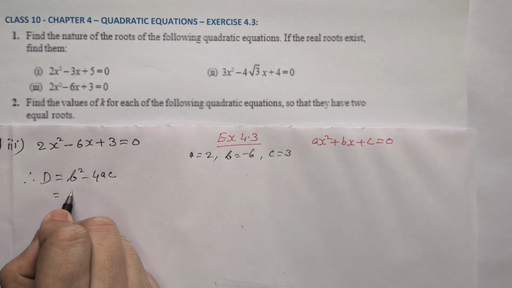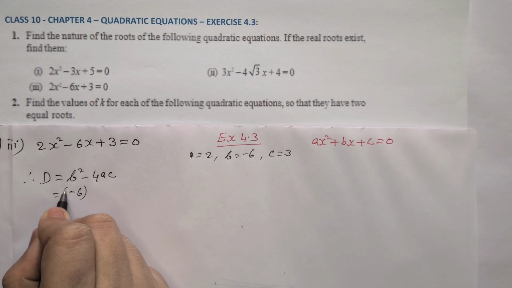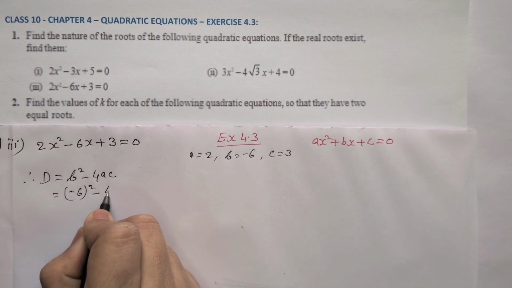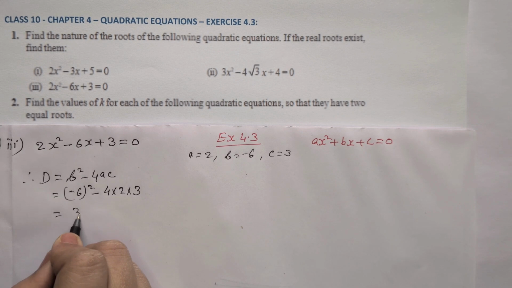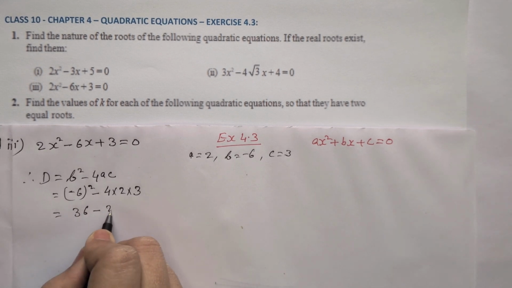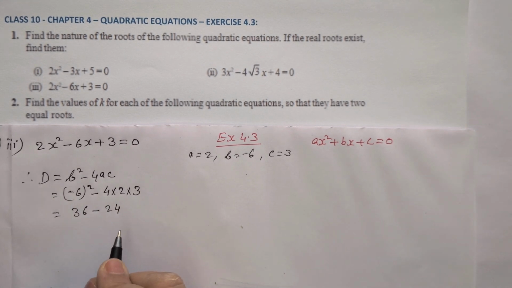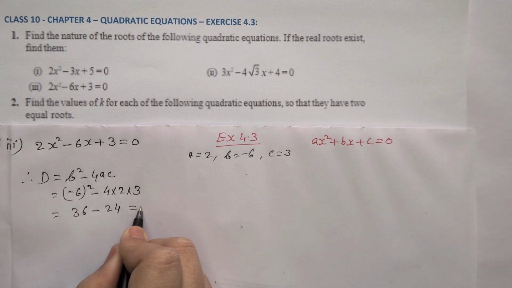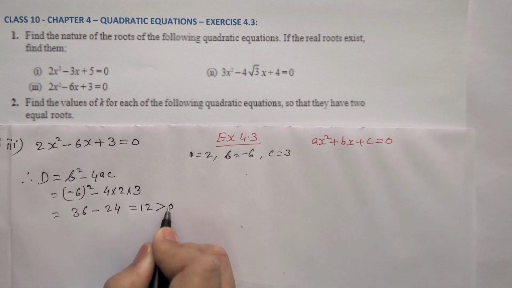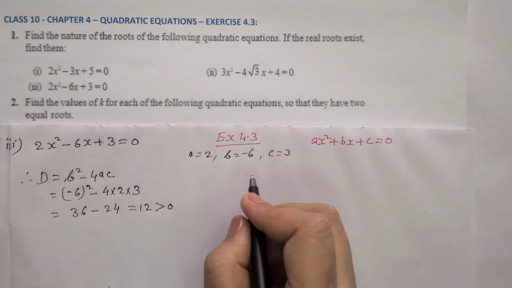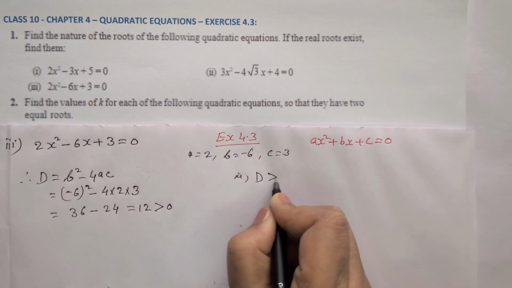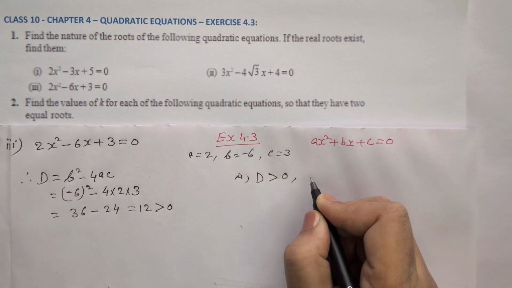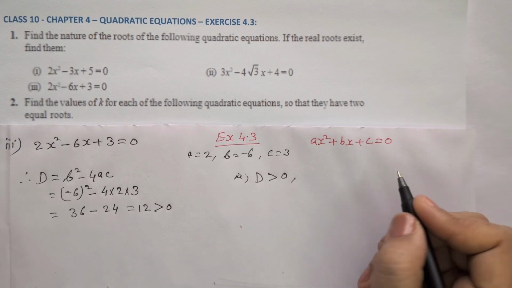That means b is −6, the whole square, minus 4 into 2 into 3. 36 minus 24, 12, which is greater than 0. If D is greater than 0, there are real and unequal roots.